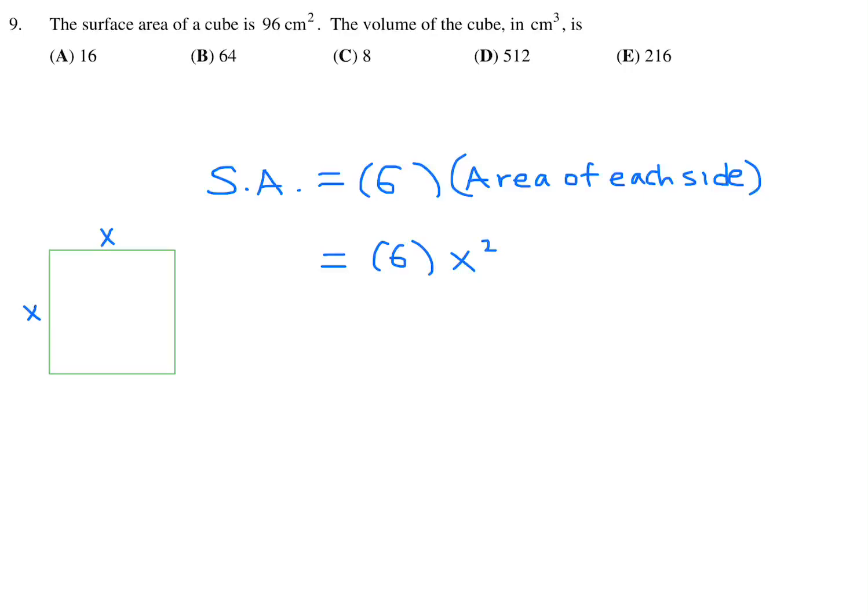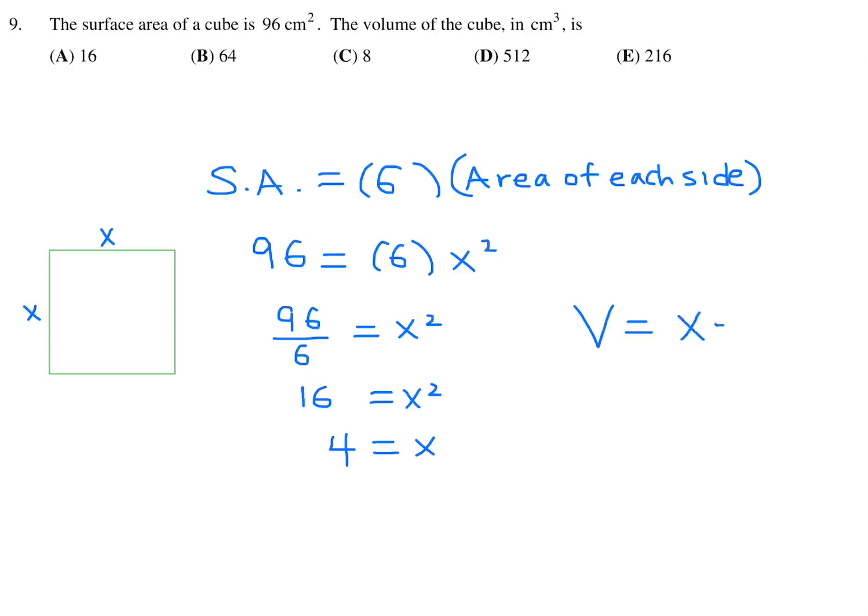All right? And they tell you that the surface area is 96. So using this, we can solve for x. 96 divided by 6 is equal to x squared. So this is 16, and therefore x is equal to 4. Now they want the volume of the cube. The volume of the cube is x times x times x, correct? Which is x to the power of 3. X is 4, so we have 4 to the power of 3, and that is equal to 64. So number 9, the answer is B.